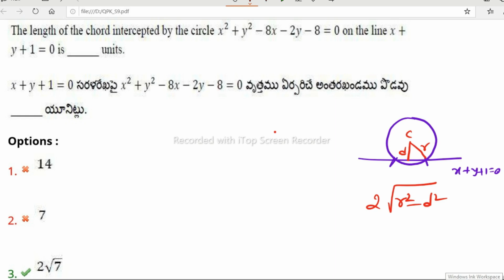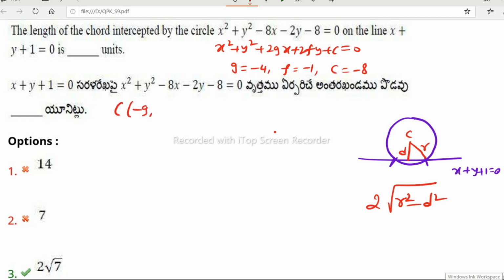What is the center of the circle here? We can compare as usual with x square plus y square plus 2gx plus 2fy plus c equals 0. 2g equals minus 8, so g is minus 4. 2f is minus 2, so f is minus 1, and c is minus 8. The center formula is minus g, minus f, that is 4 comma 1.